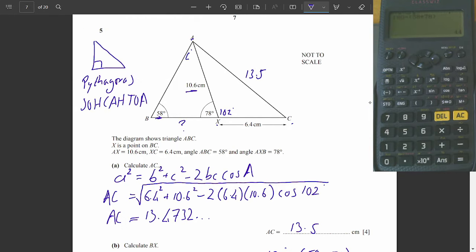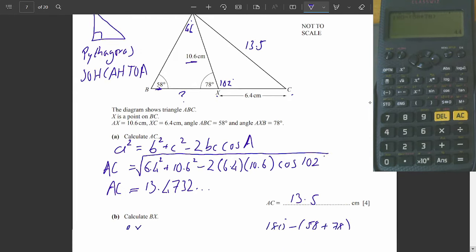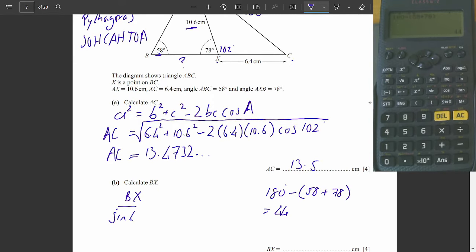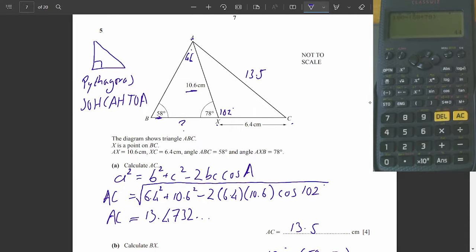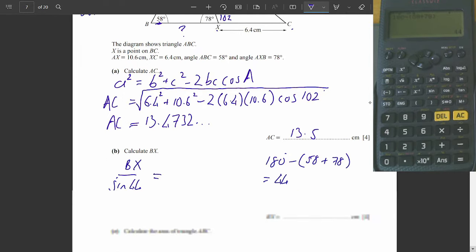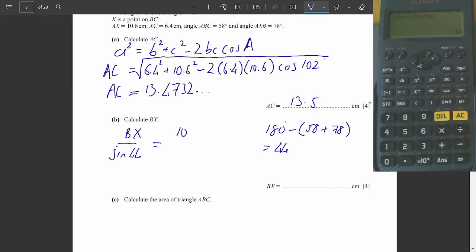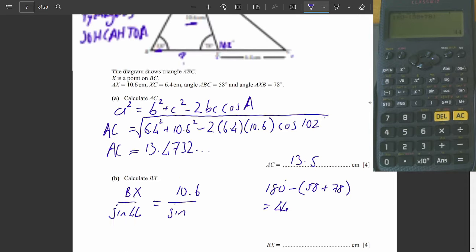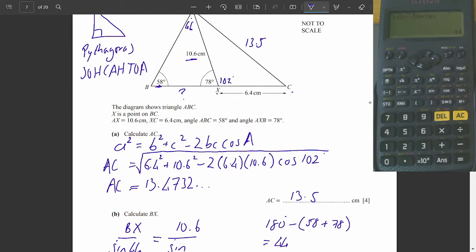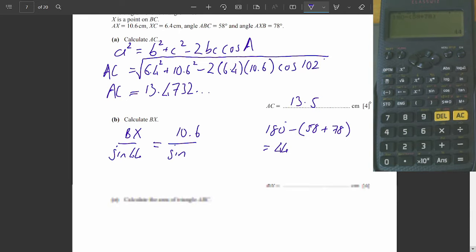We got that angle here. So using the sine rule correctly, that will be sin 44, that is equal to another side we have, which is 10.6, over sin, and the opposite angle there is 58.